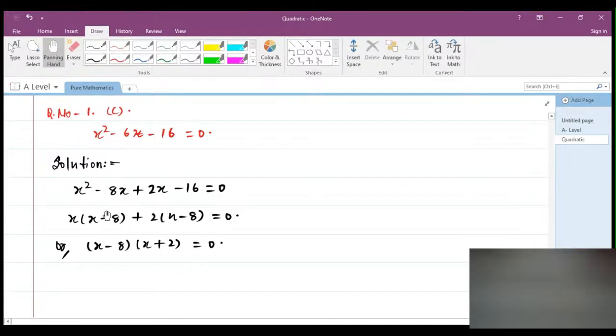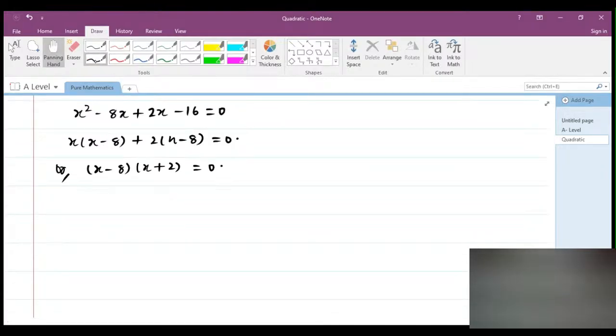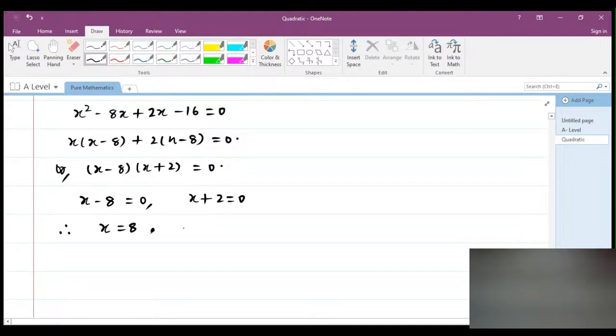So the next step will be x minus 8 equal to 0 and x plus 2 equal to 0. Therefore x equal to 8 and x equal to minus 2.